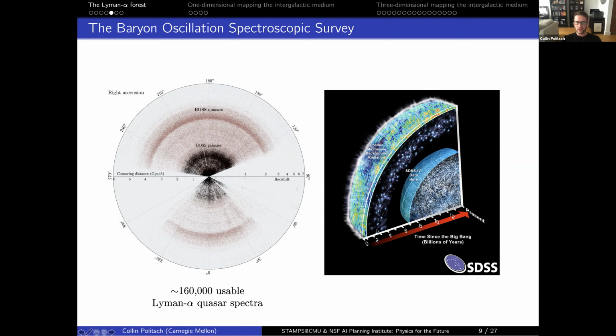At high redshifts, the Lyman alpha forest makes this gaseous medium accessible to us, where we can use these distant quasars and their foreground absorptions to reconstruct this three-dimensional distribution of intergalactic gas. And that's exactly what we've done in this work, for the first time. Based on our analysis, there are approximately 160,000 usable Lyman alpha quasar spectra, these distant quasars, in order to make this three-dimensional map.